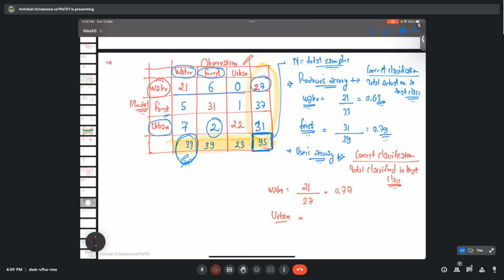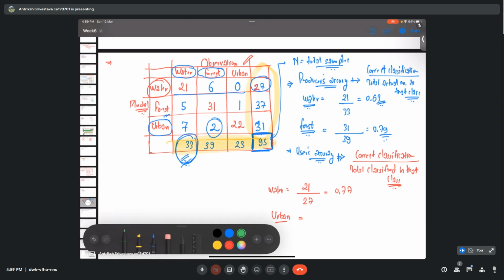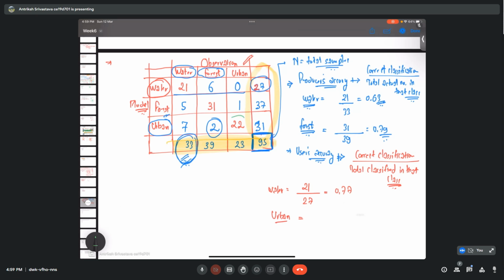So how many times urban has been classified correctly? Urban has been classified correctly 22 times. And how many times the model actually told that the area is urban area? 31 times, right? So it should be 22 by 31. You agree? Is that fine?